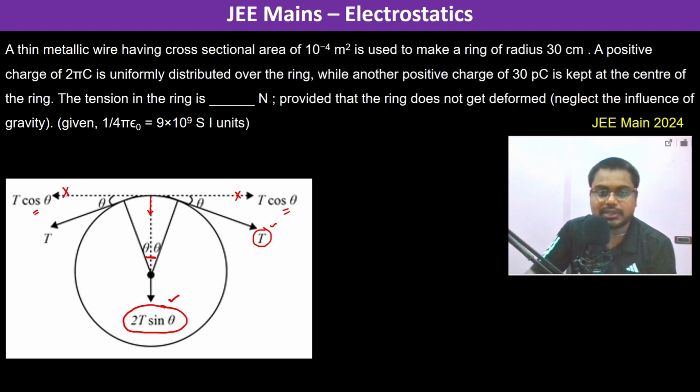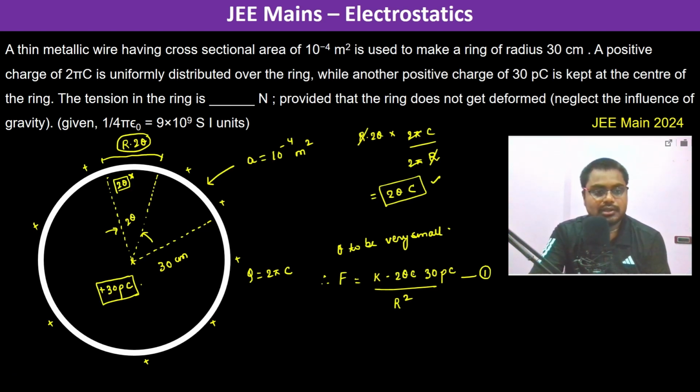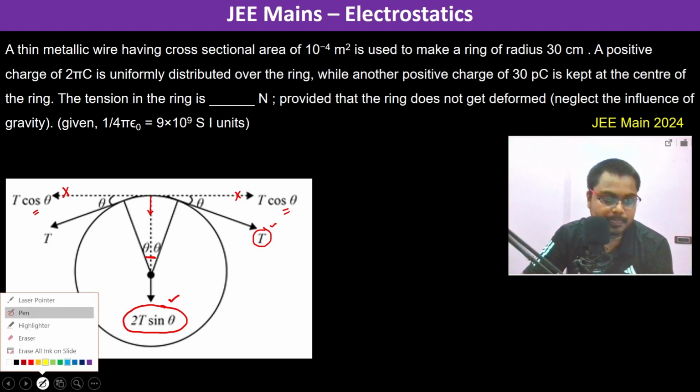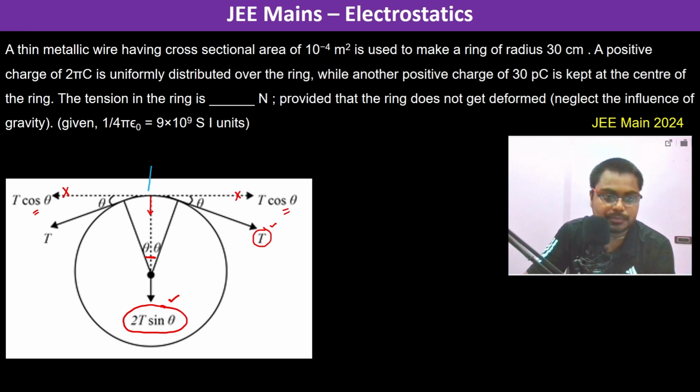This should be equal to the force of repulsion, because both are positive charges, so the repulsion is in this direction and the tension counteracts it.